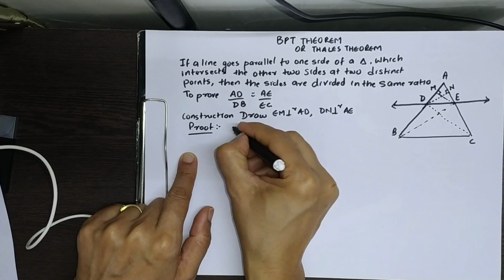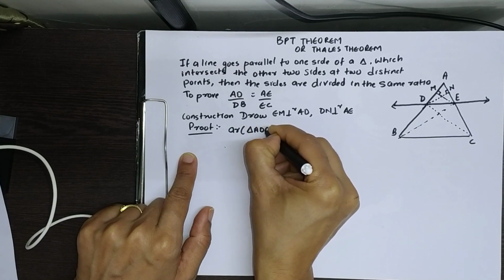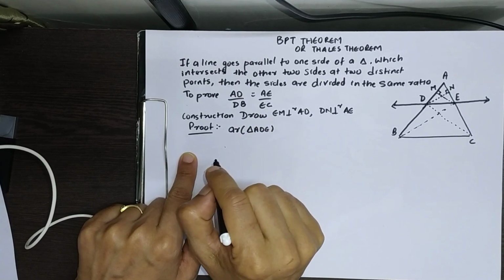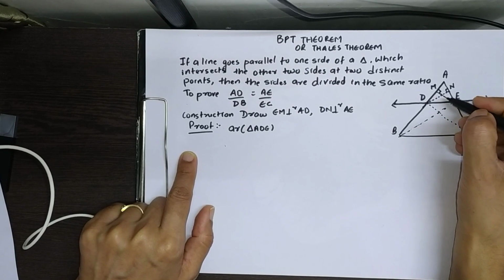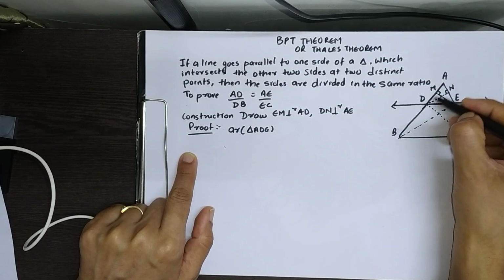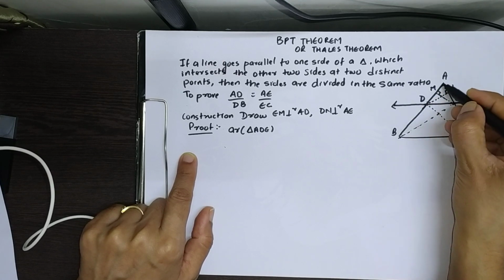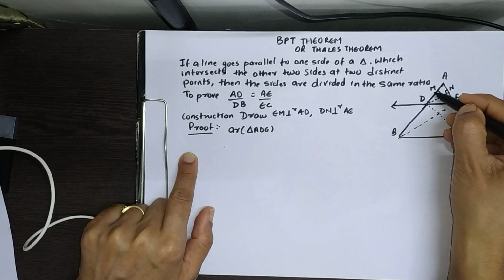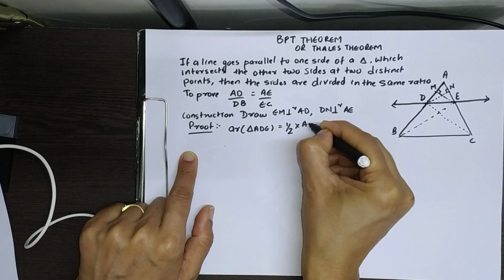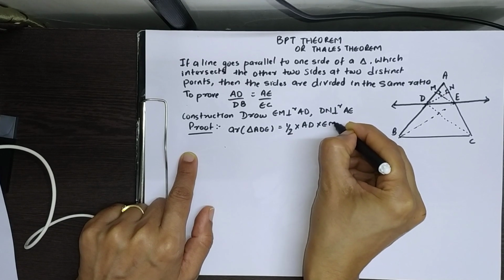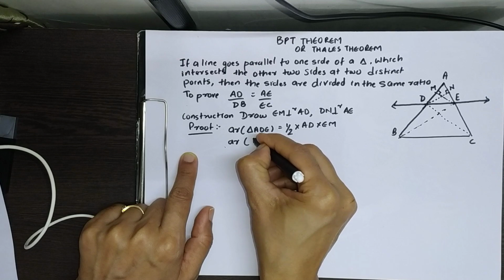I'll start with area of triangle ADE. We all know the area of any triangle is half into base into height. We already have constructed an altitude. So just see here ADE. Can I say AD is acting as a base, and what is the corresponding altitude? EM. So can I write down half of AD into EM? Okay. Area of triangle BDE.